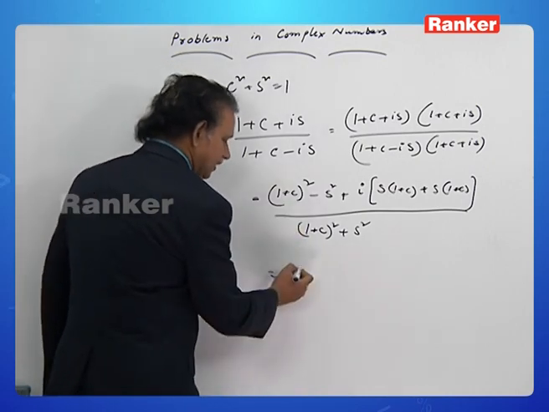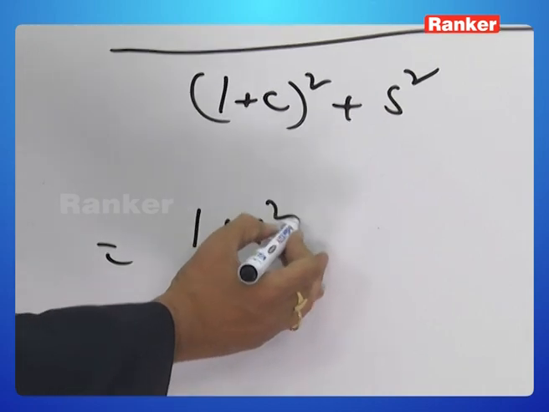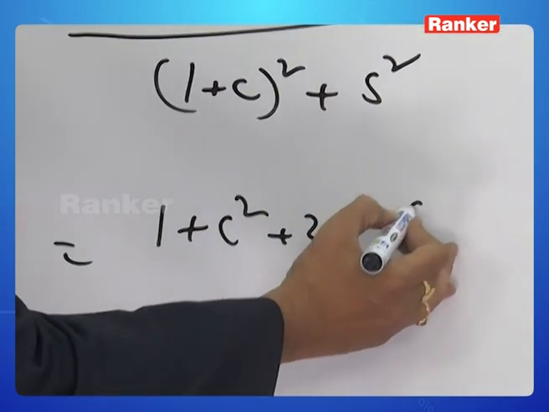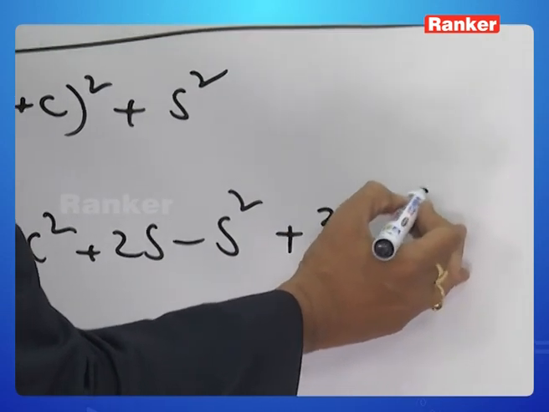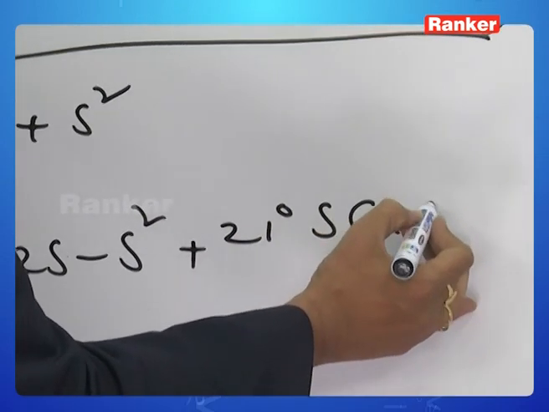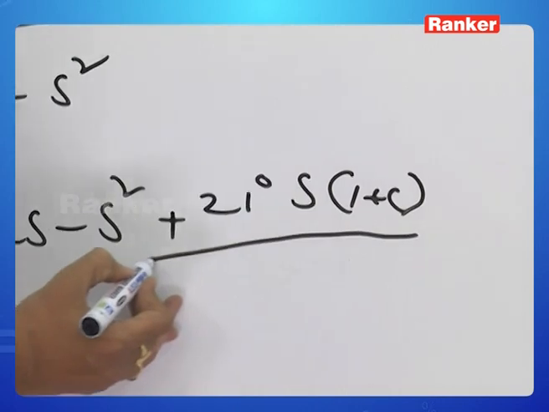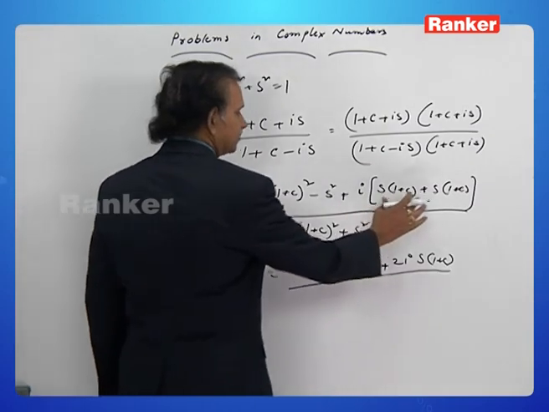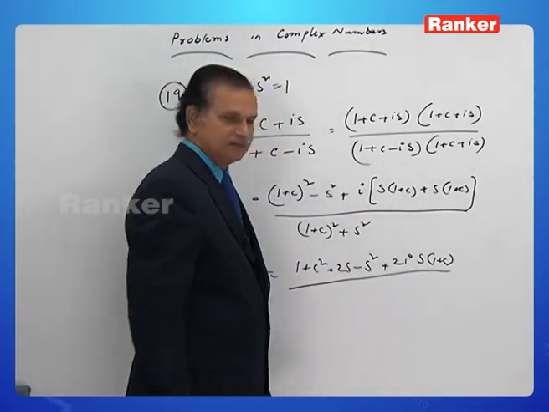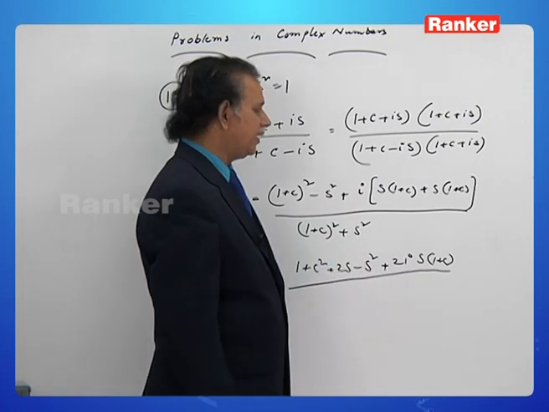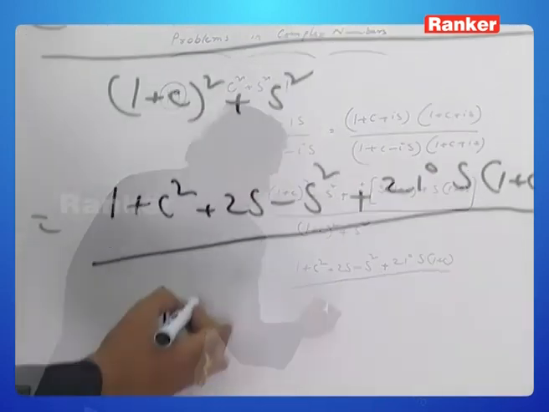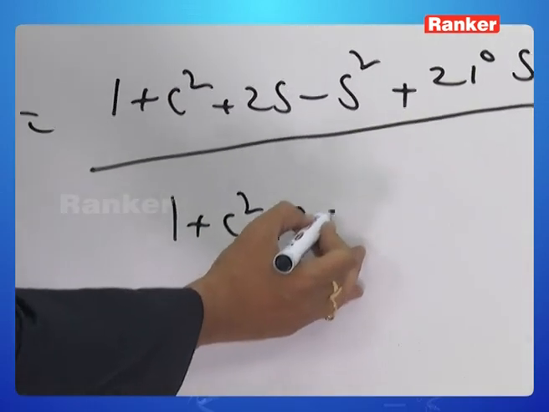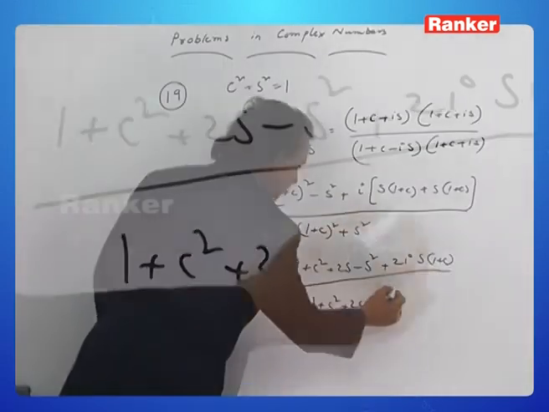Let us expand this. 1 plus c whole square. 1 plus c square plus 2c minus s square plus 2i into s into 1 plus c, by 1 plus c square plus 2c plus s square.